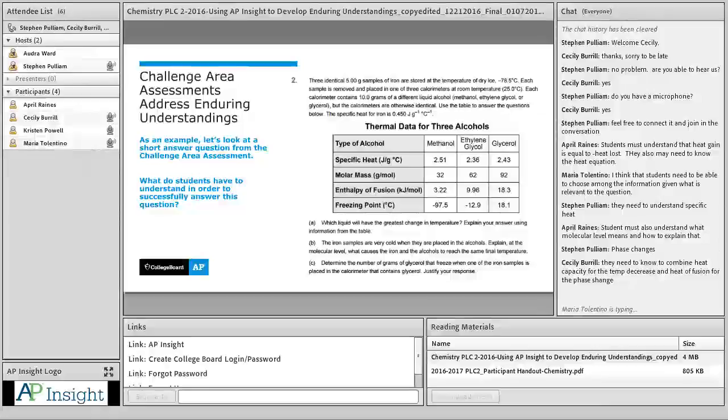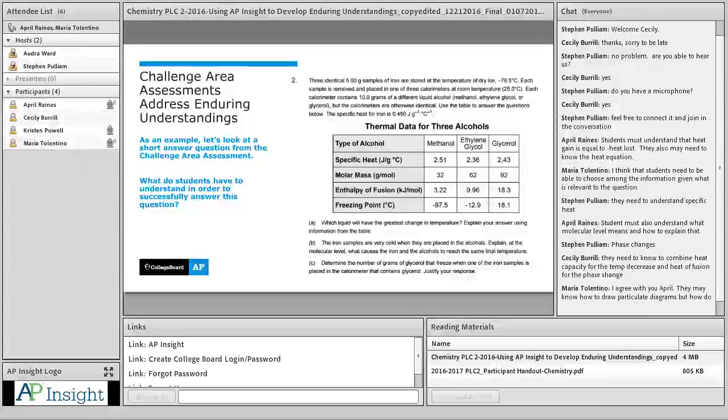You know, April, the first thing you wrote there, students must understand that heat gain is equal to heat loss. And we would think that would be a simple concept, but how many times have they missed that concept in trying to solve a problem similar to this one? Still struggle with it. You're right.